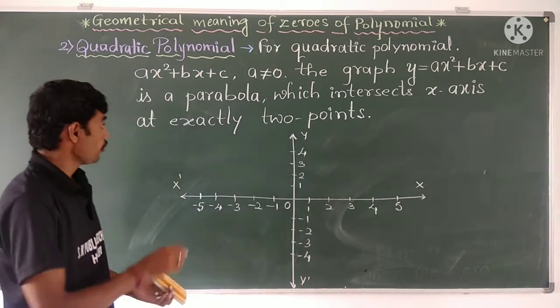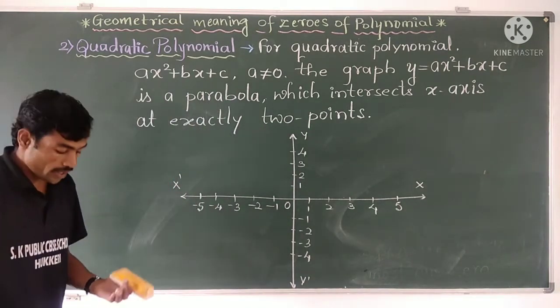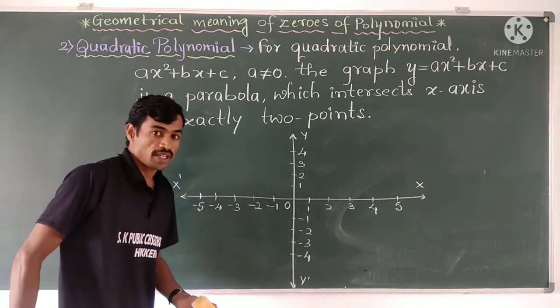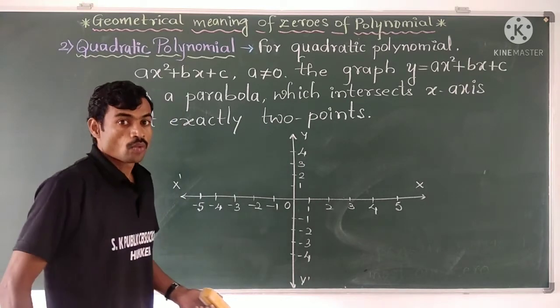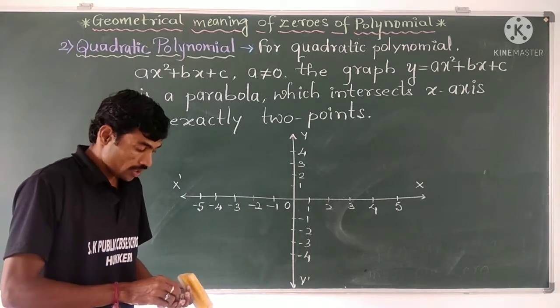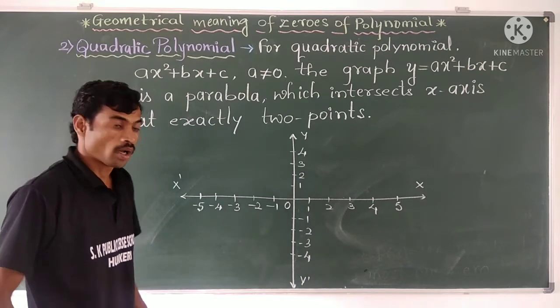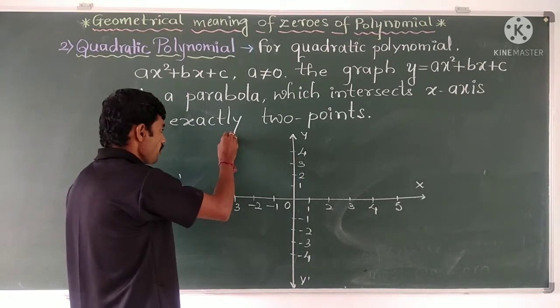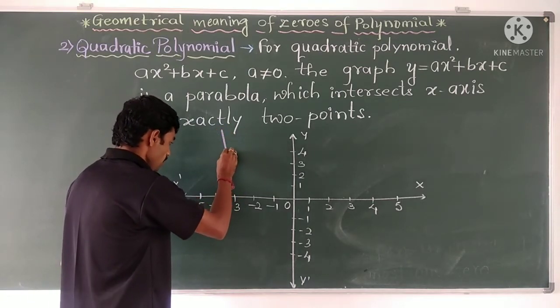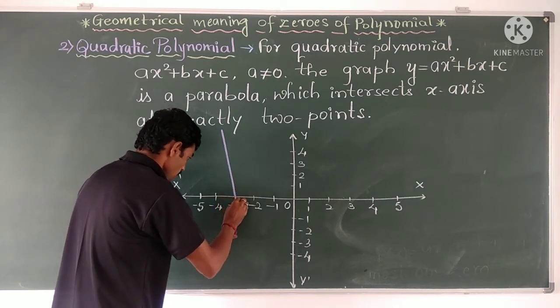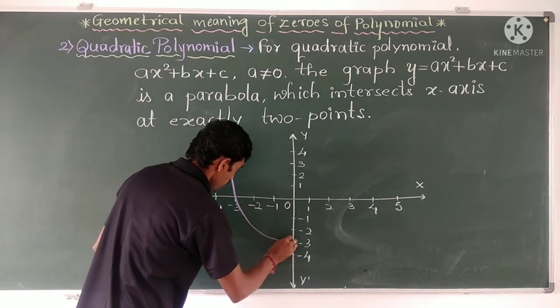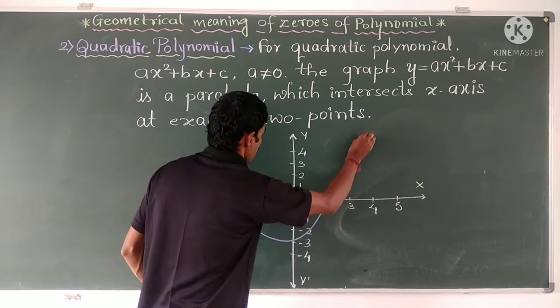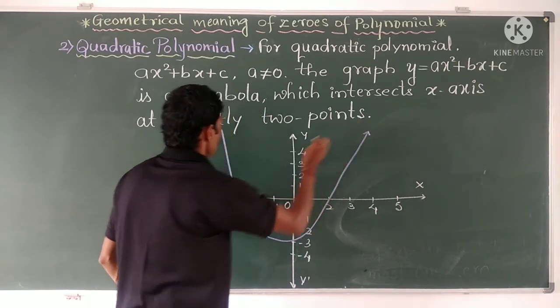Clear? So the graph of y equals ax square plus bx plus c, what type of graph do we obtain? Parabola. Suppose the graph is like this, which intersects the x-axis at 2 points.